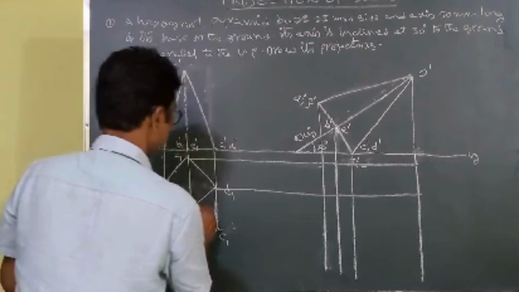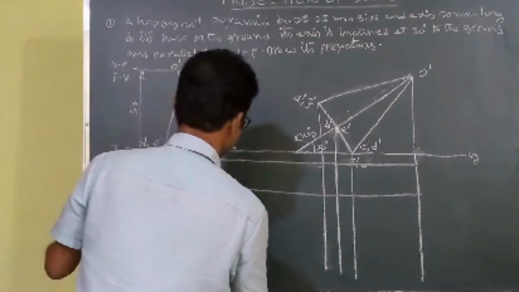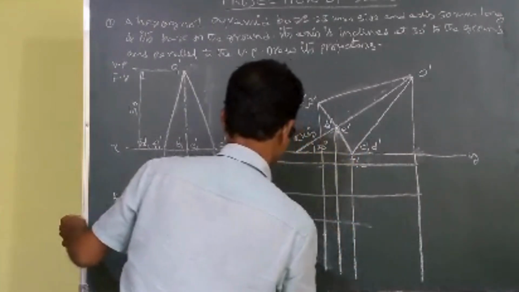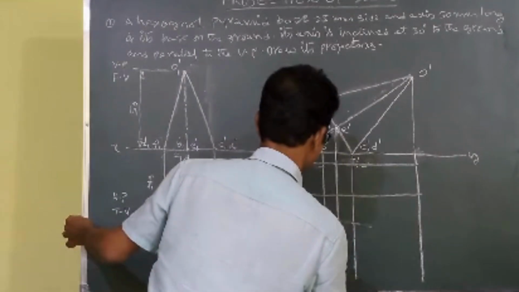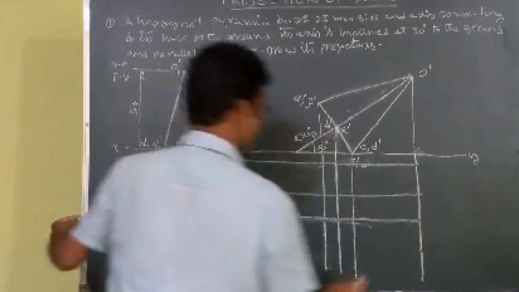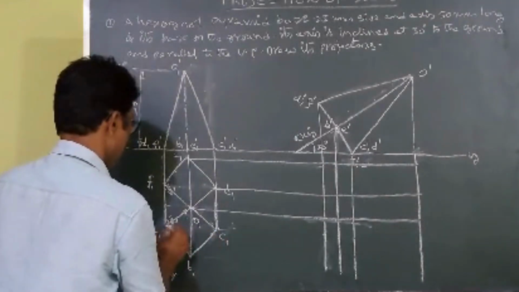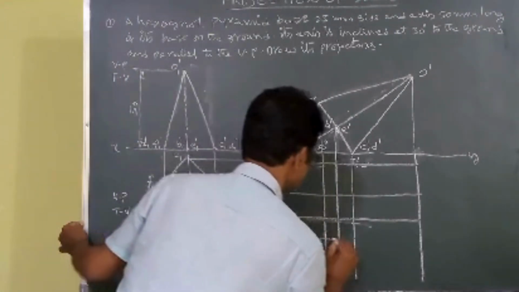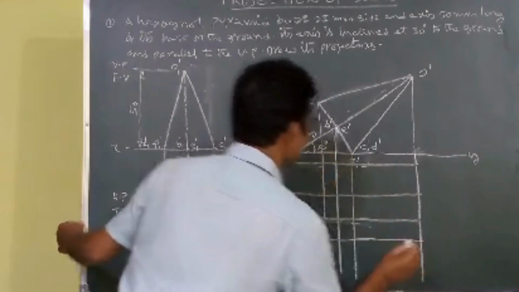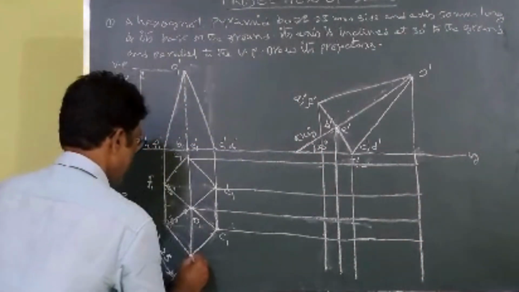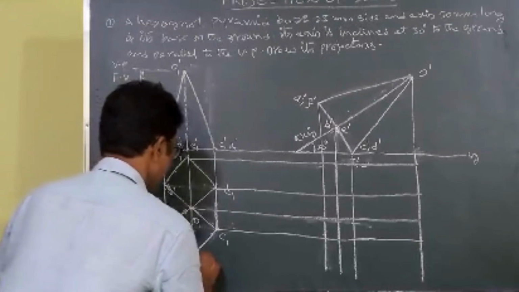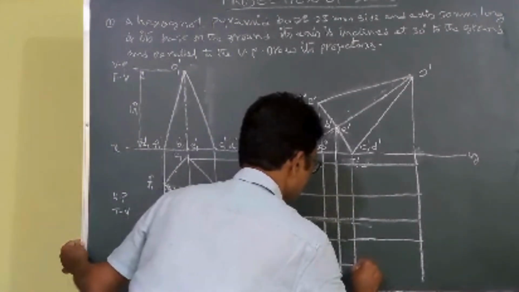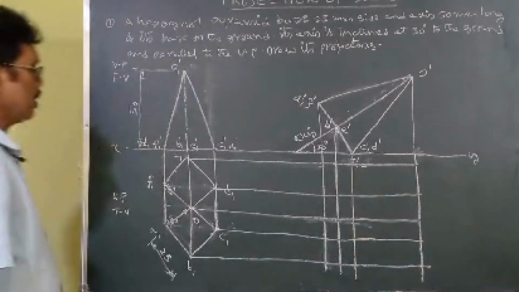From this axis also you draw a line like this. From here also A1, C1 are passing in the same line. You draw a horizontal line here also. Okay, at B1 also you draw a horizontal line. Okay, this part is over.